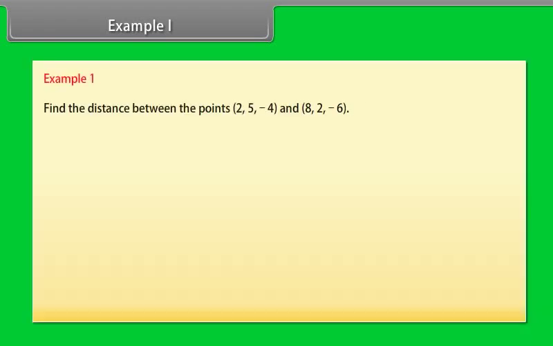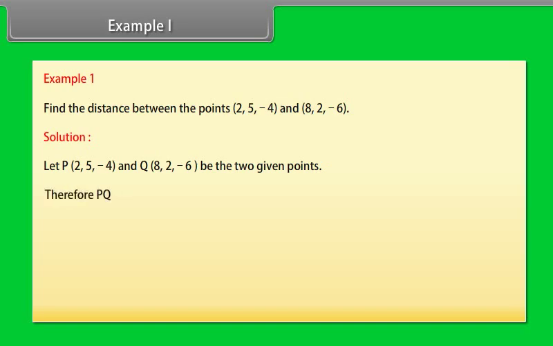Example 1. Find the distance between the points 2, 5, -4 and 8, 2, -6. Solution: let P 2, 5, -4 and Q 8, 2, -6 be 2 given points.